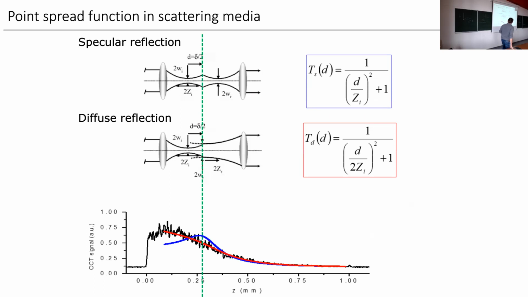If you now do it not for a point, but for a broader reflector, like the top graph, that would be a mirror. So instead of a point, we put a mirror here, some distance from the focus.